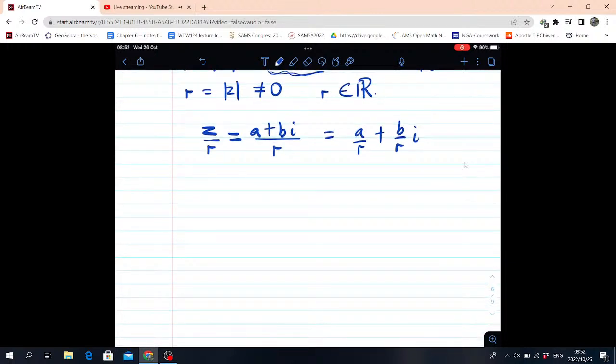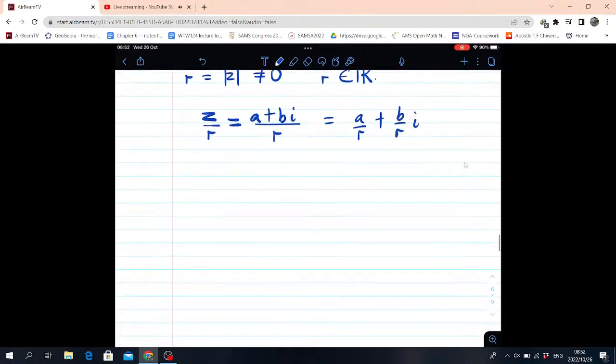And then the modulus of z over r, squared, is going to be equal to the real part squared plus the imaginary part squared.